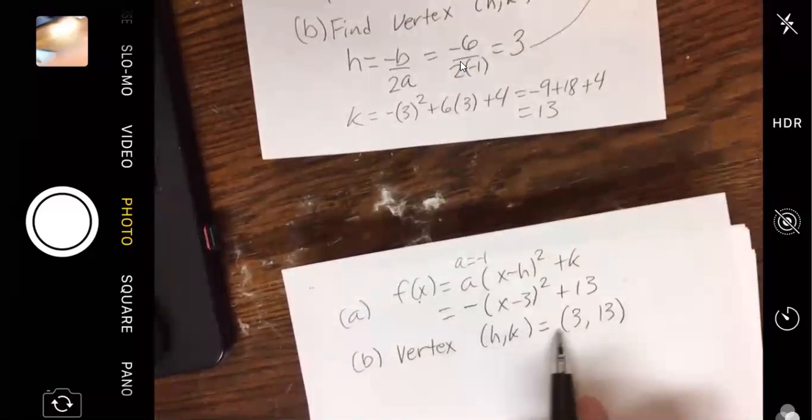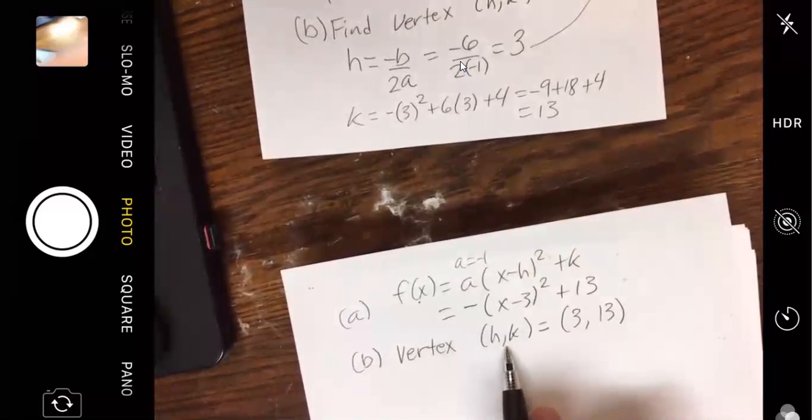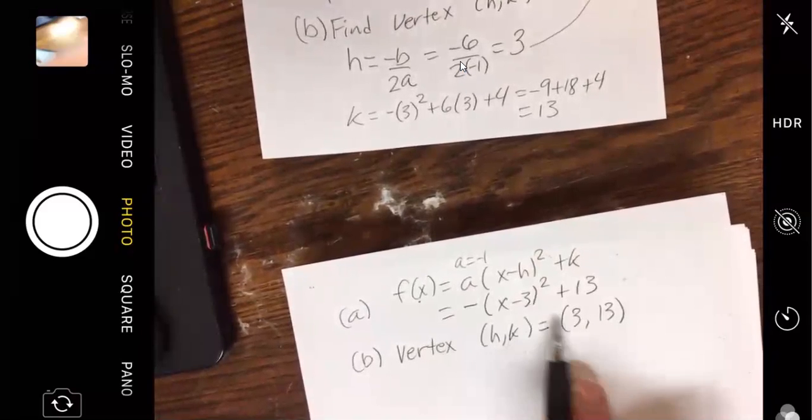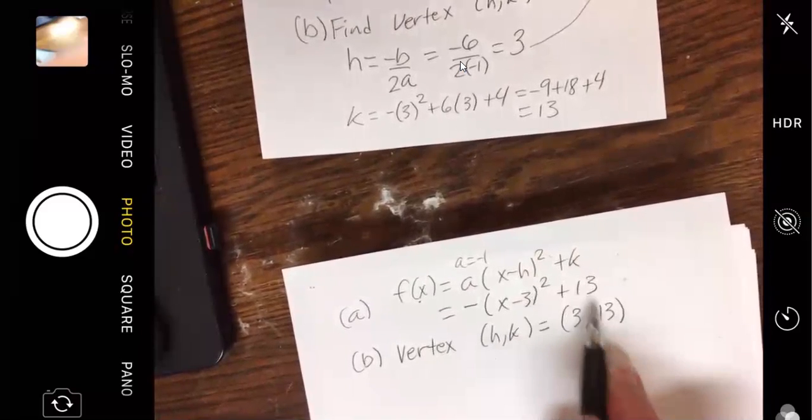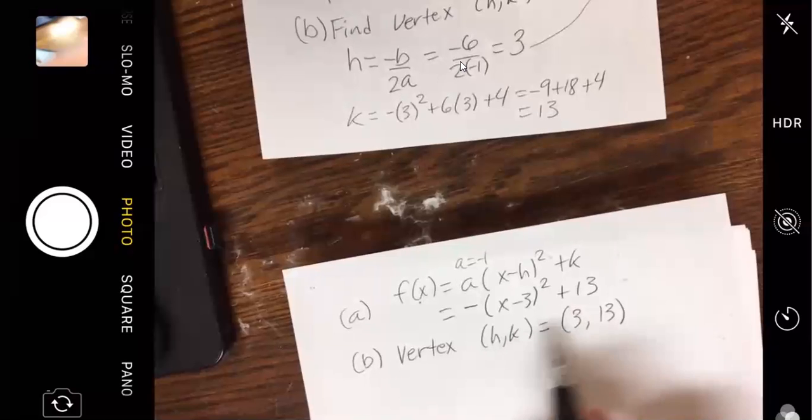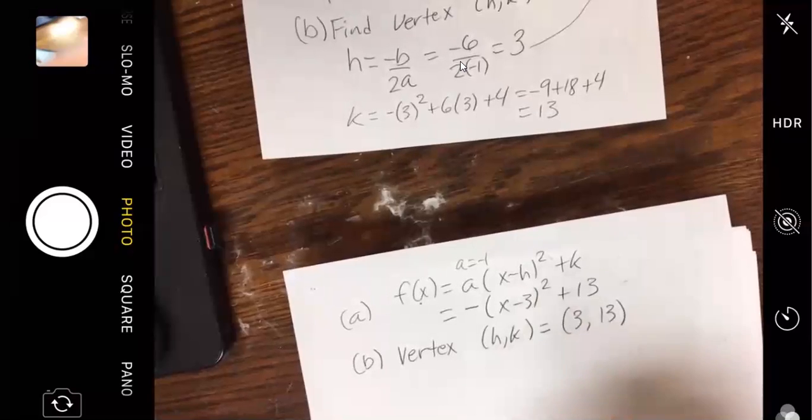Notice the sign switch. They're using the same letters they did with centers of circles, and you did a sign switch in the formula for both h and k for the circles. Here it only works on the h because only the h is in your squared. The k goes in with the same sign. So you really have to do the vertex before you can do the standard form.